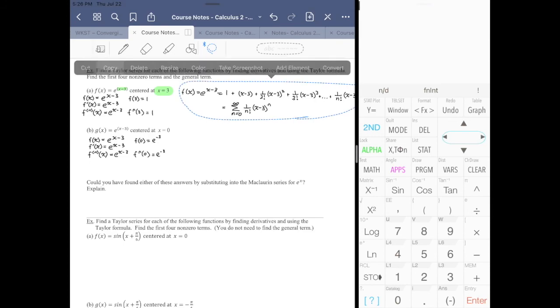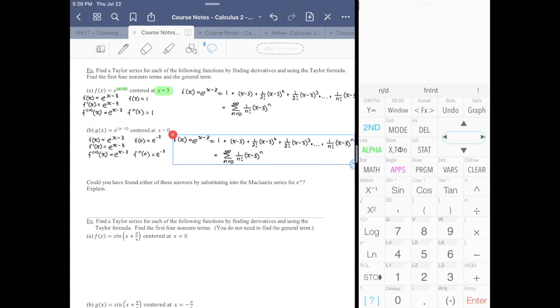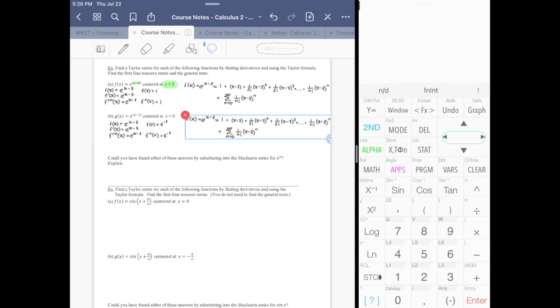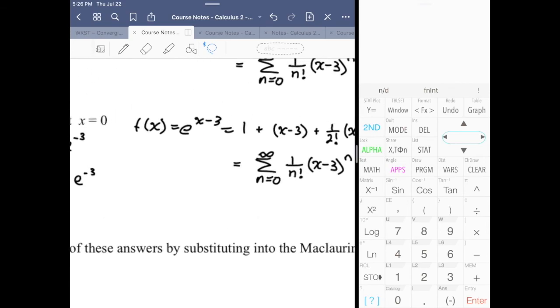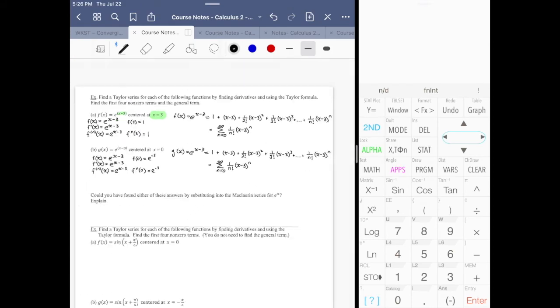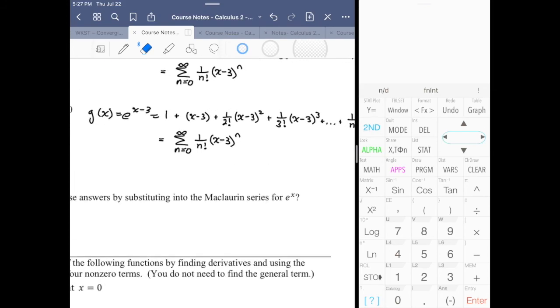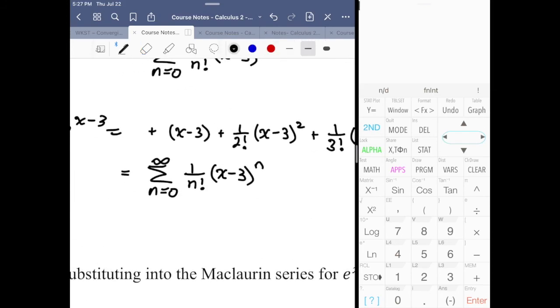So if I want to use this approximation technique, expand it to give me a Taylor series, to get my g of x, all I'm going to do is replace every one with an e to the negative 3rd. All those coefficients of 1 now become e to the negative 3rd. The only thing is that there's no apparent coefficient here, so I have to just chuck it in.